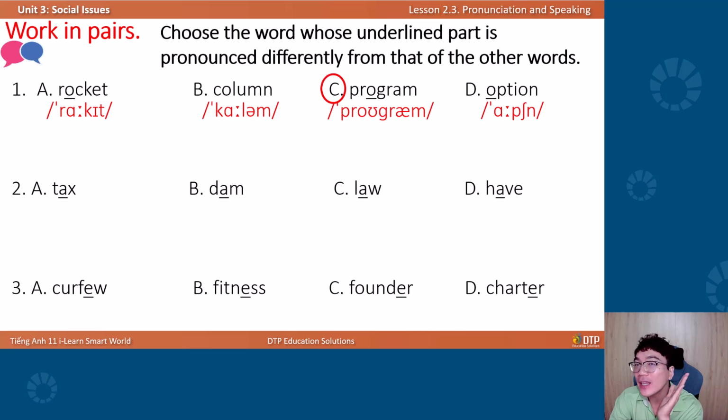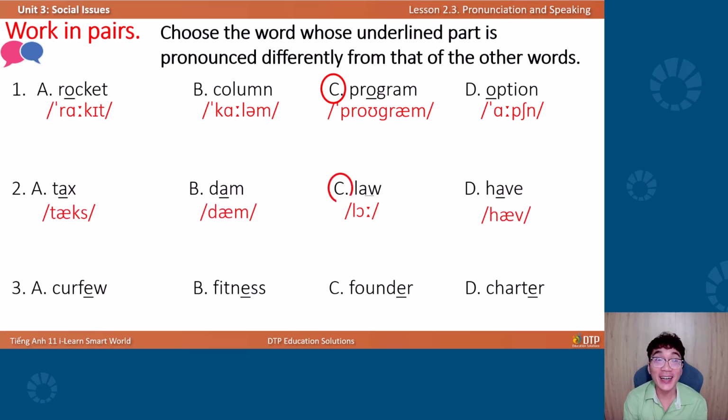So number 2. A, you read it to me. Louder, please. Okay. B, please. C, please. And D, please. So what's your choice? My choice is C. Do you agree with me? Let's check. I see.